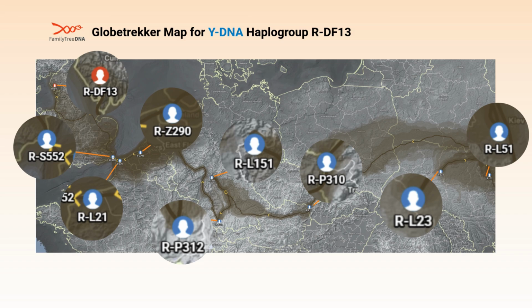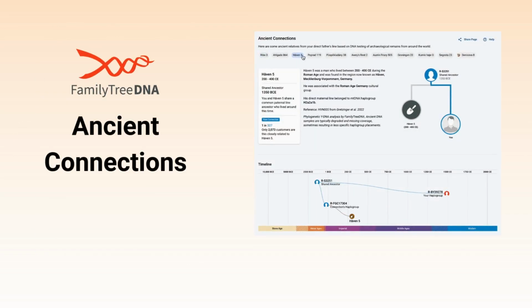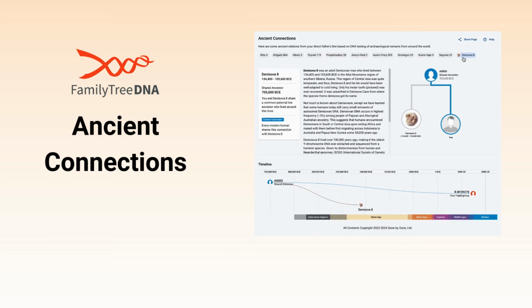And this is another Globetrekker image where you can see how this haplogroup formed and the route that it took. If you look at the map, you can see the different SNPs and where in the world they probably formed. So I really like the Globetrekker feature, and it's updated periodically to insert new migration routes.